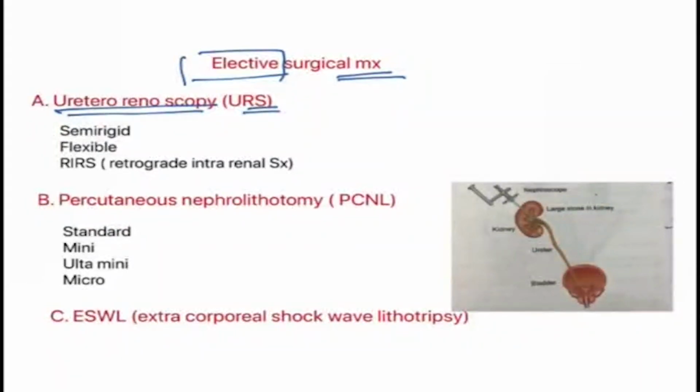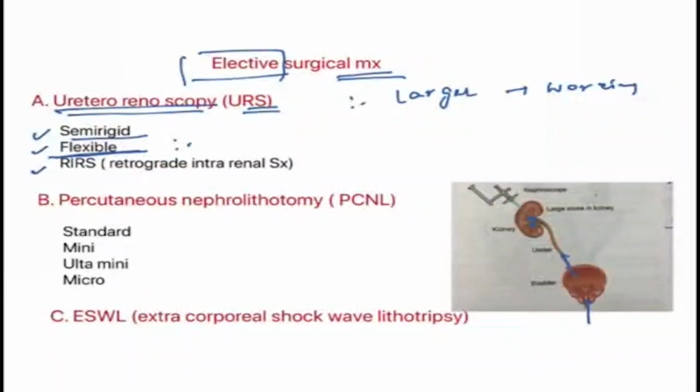First is ureterorenoscopy, that means endoscopy, ureteroscopy and renoscopy. So via the endoscopic route, ureter and kidneys both are evaluated. These are of three types: semi-rigid, flexible and RIRS. Semi-rigid's advantage is that there is a larger working channel and larger stones can be removed.